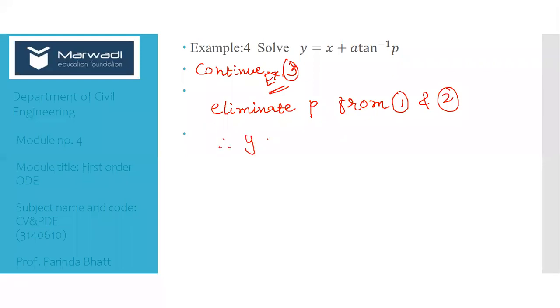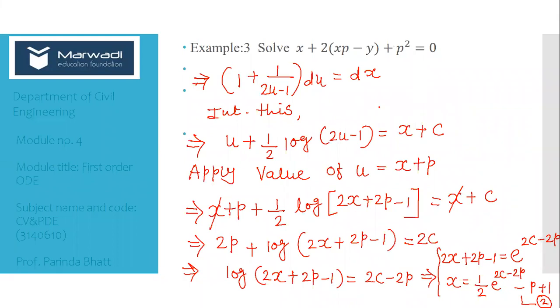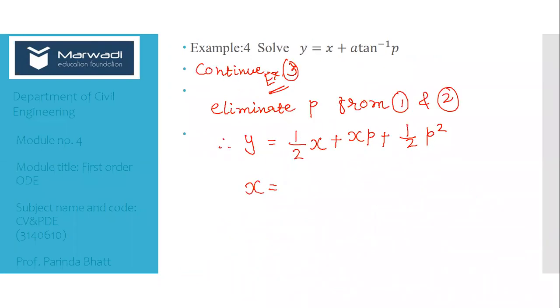Therefore, y equal to 1 by 2x plus xp plus 1 by 2p square, and x equal to the value of x, put it over here from the previous slide, nothing else. 1 by 2 e power 2c minus 2p minus p plus 1. Okay.